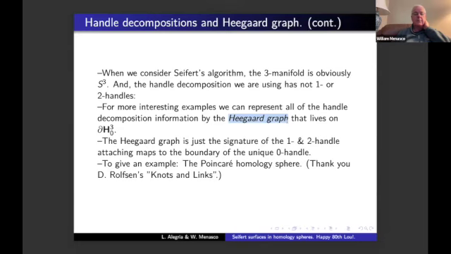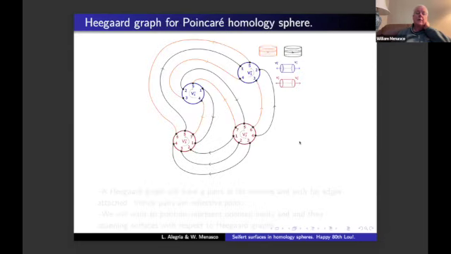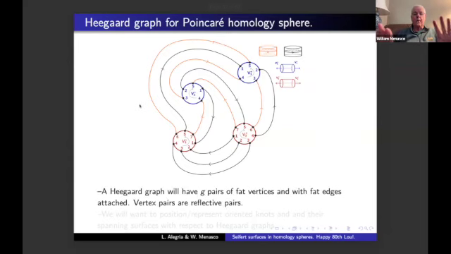This example comes from Dale Rolfsen's Knots and Links. This is a fat graph, a graph with fat vertices and edges coming out of them. The fat vertices are disk regions. They occur in pairs, and the perspective you should have is that when you're viewing this, you are inside the zero handle.